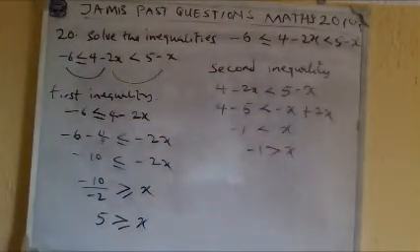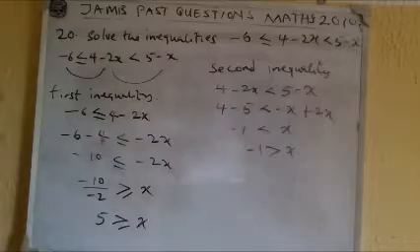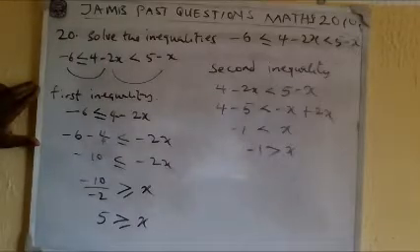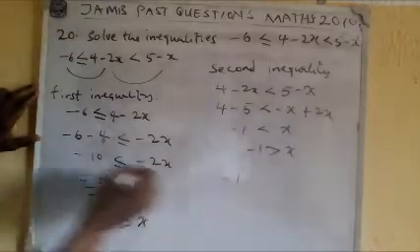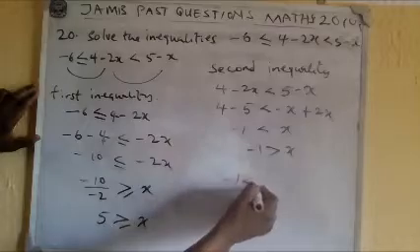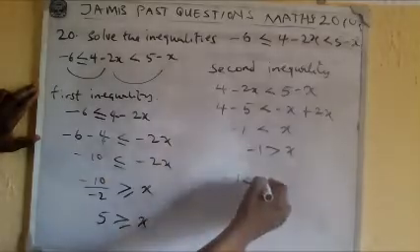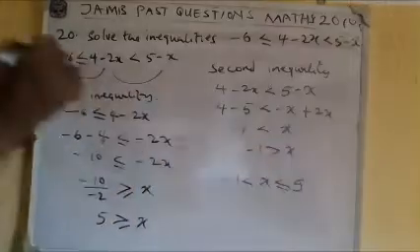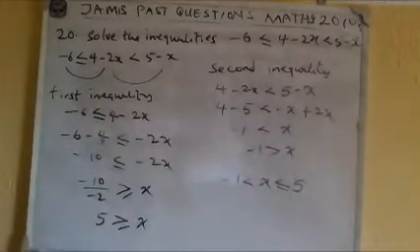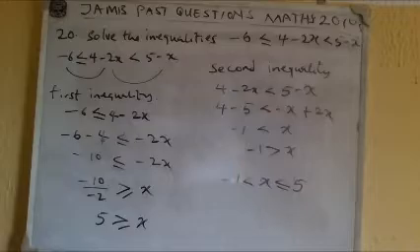I can marry them in one straight line. So this one is minus 1 less than x and less than or equal to 5. Okay, so that's the answer. So we're going to go to the next question.